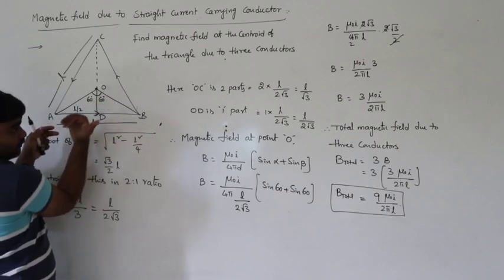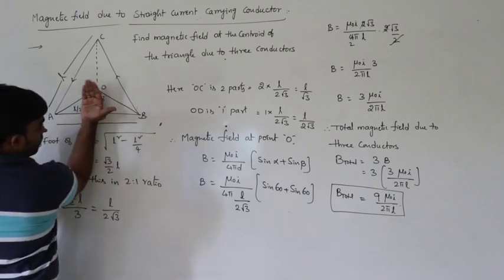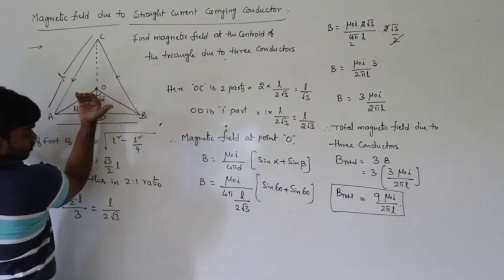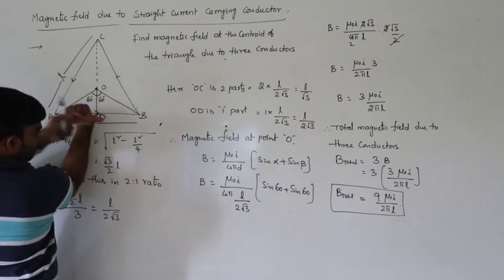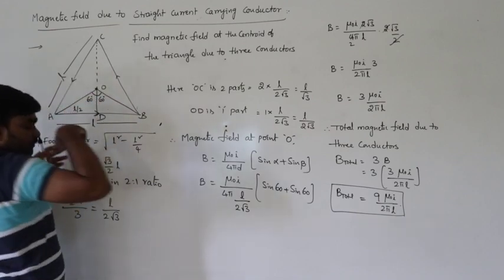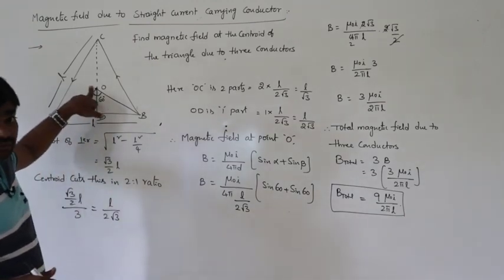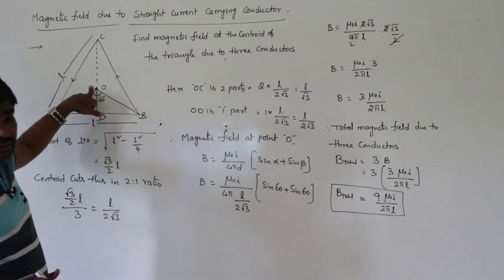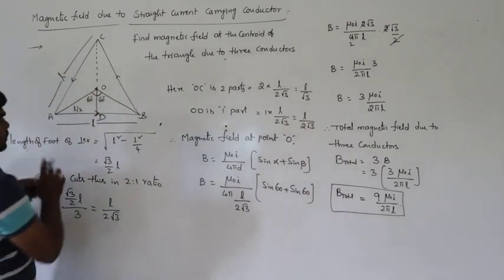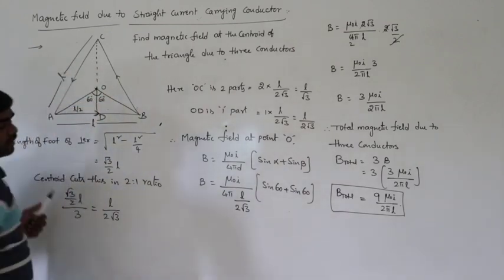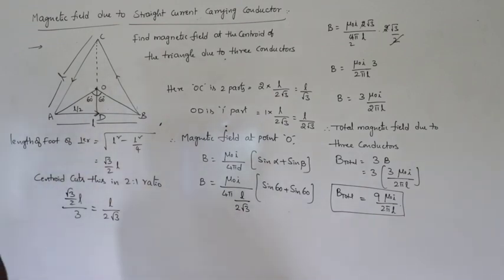See here, the curling of the fingers. But where are we calculating the magnetic field? Above the conductor. So above the conductor the direction of the magnetic field is outwards.